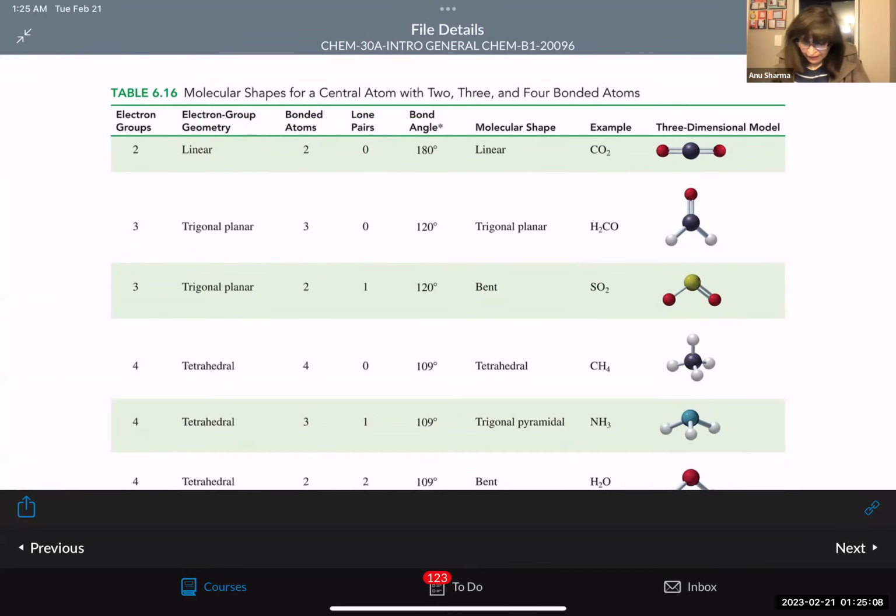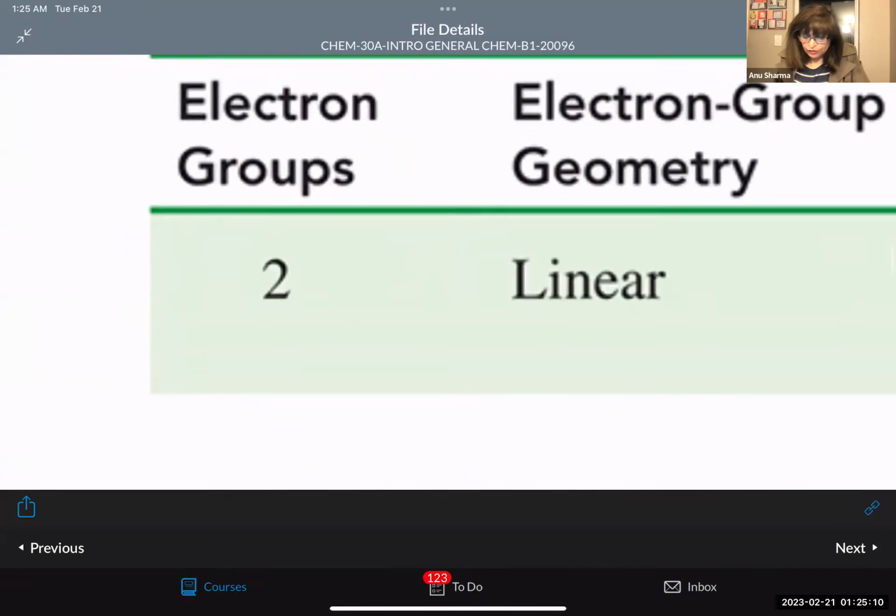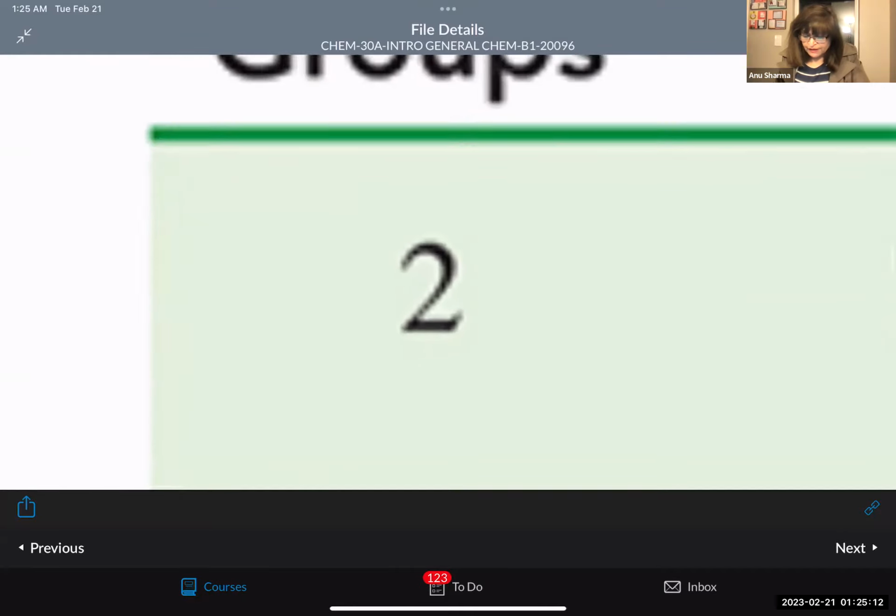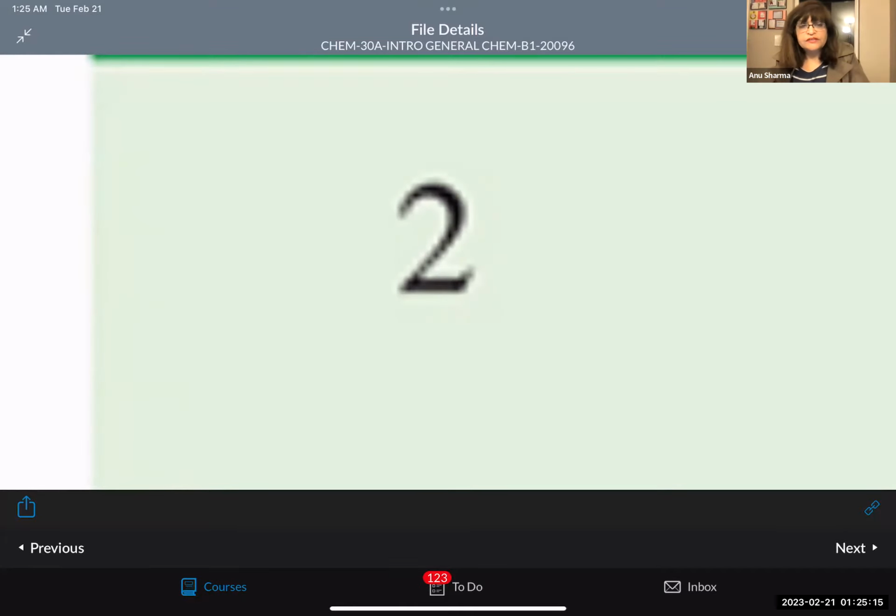Now, another concept is about the electron groups. Electron groups, this number is with respect to the central atom. How many groups are there on the central atom, right? If there are 2 electron groups, electron clouds, on the central atom, then the shape would be linear.